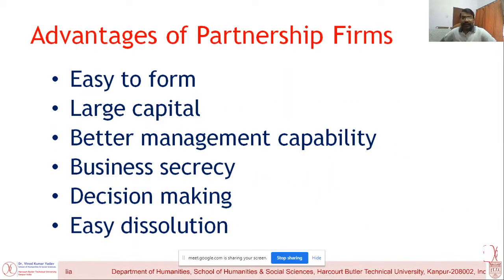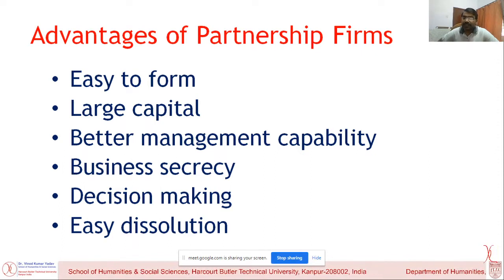If you talk about the advantages of partnership firms, it is very easy to form because there are no hard and fast legal formalities. You can start with a plain paper agreement amongst all.